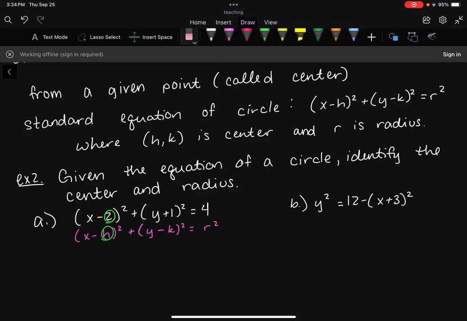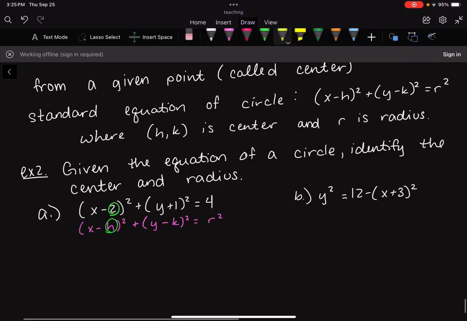Now this y, I have a plus there. Be careful. What's really happening is that this is y minus -1, and those negatives are canceling. So my k is actually -1, not +1. So just be careful there. You have to swap the sign, basically.